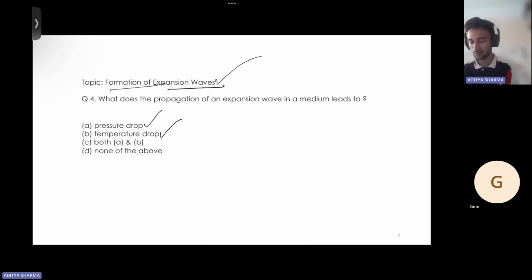So there is a static pressure drop and a static temperature drop. But if you see the total pressure or total temperature, in normal shocks the total pressure was decreasing and the total temperature remained constant.